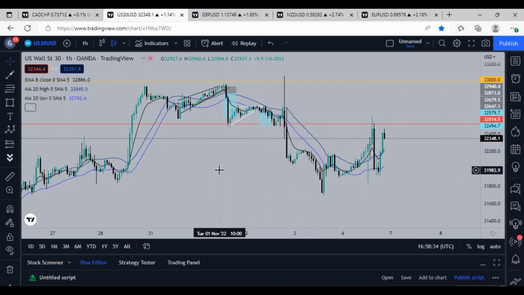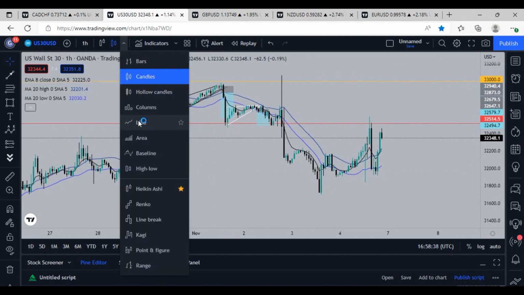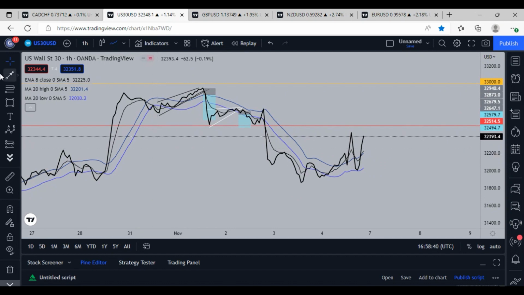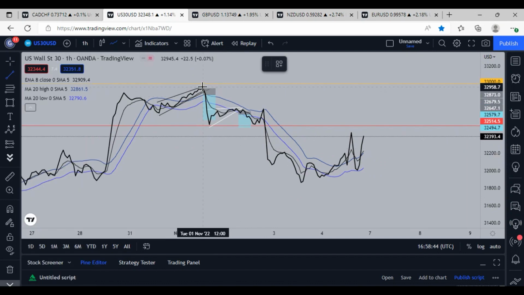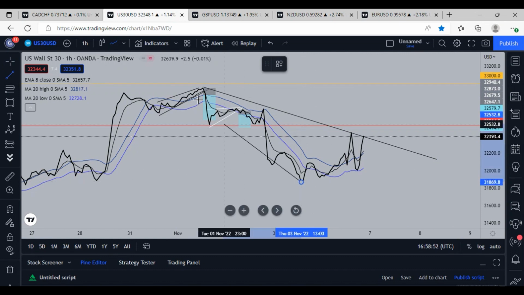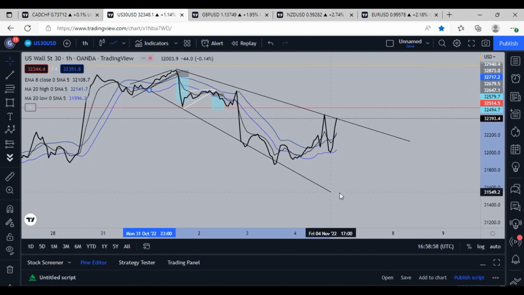But we can as well expect price to go ahead and continue buying, and respect my other rejection zone. So price can do that, to be honest.